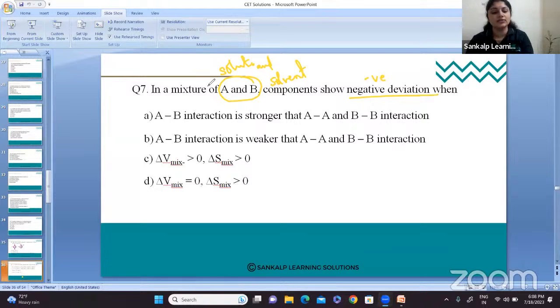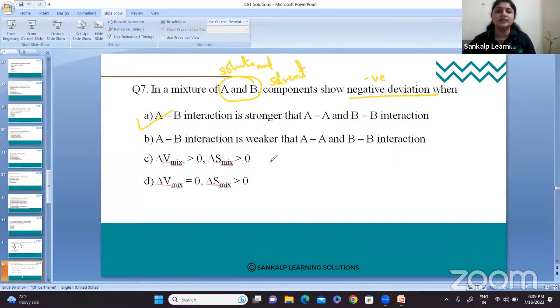What will be the answer? Try answering it. In a mixture of A and B, that is solute and solvent, the AB interaction, that is solute-solvent interaction, is stronger than AA and BB interaction.